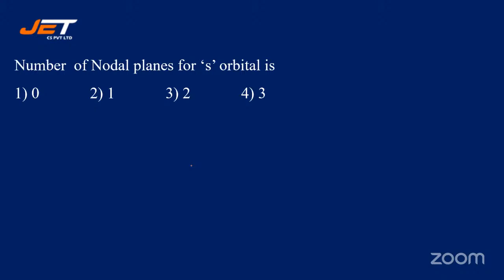Number of nodal planes for s orbital is, and your options are 0, 1, 2, or is it 3? Number of nodal planes for s orbital is 0, 1, 2, or 3.